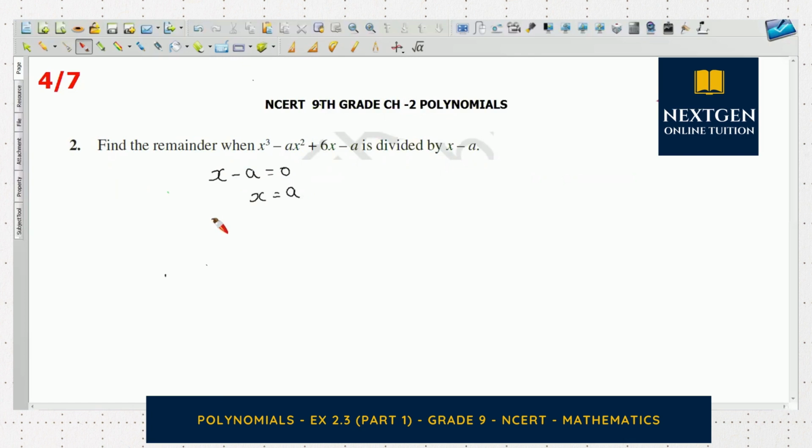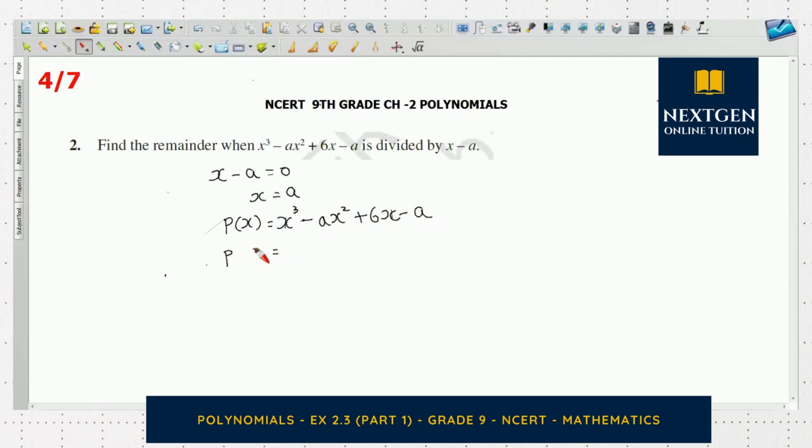So in the polynomial p of x, x cube minus ax square plus 6x, sorry, let me write it out once again. x cube minus ax square plus 6x minus a.